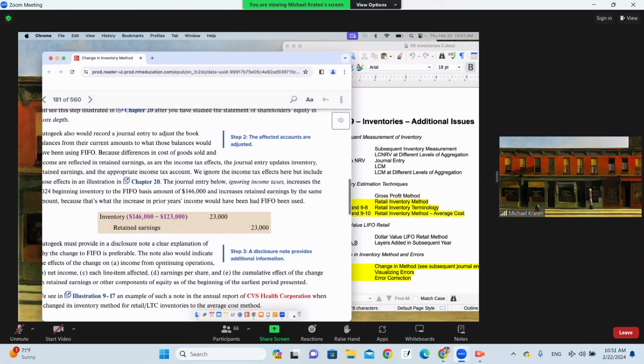And so assuming that this is relatively old inventory whose value you are changing, you would increase the value of the asset inventory by 23.